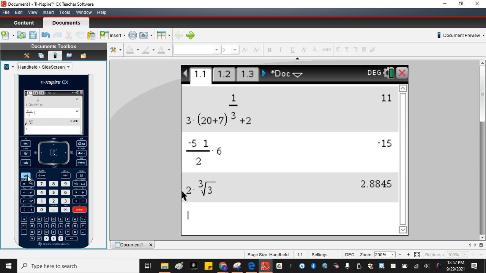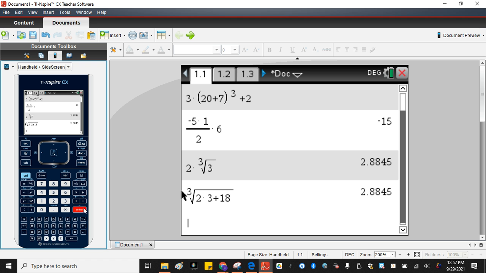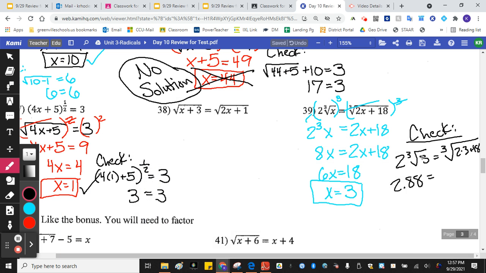The right side, cube root of 2 times 3 plus 18. So they both equal the same thing. 2.88, 2.88. You could simplify it like actually cube rooting it, but that's not the purpose of that question.